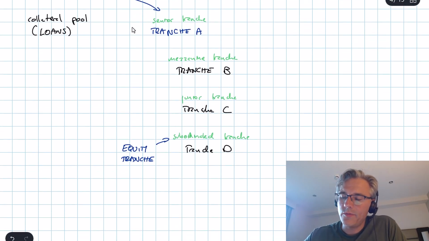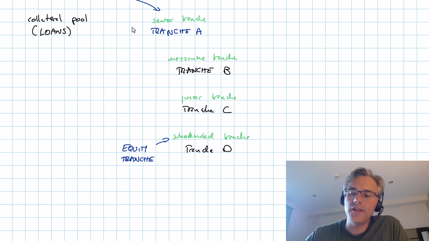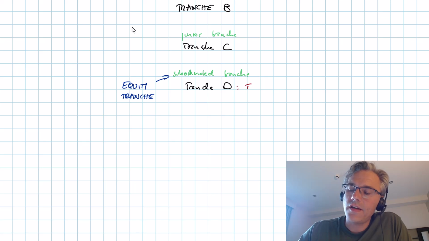And each one of these tranches will have a certain face value, because it's effectively asset-backed securities being issued in these tranches. Just like any bond. So imagine this one has a face value of 50 million euros.